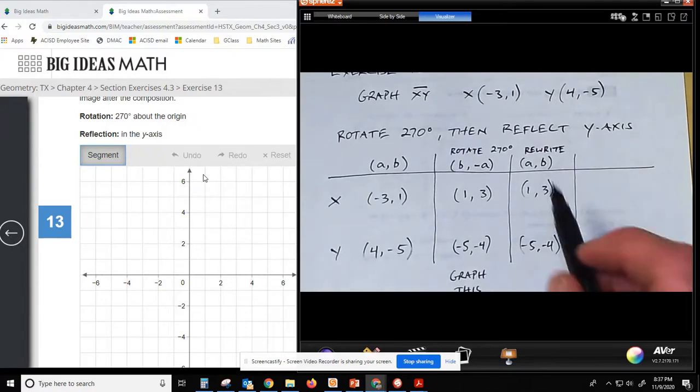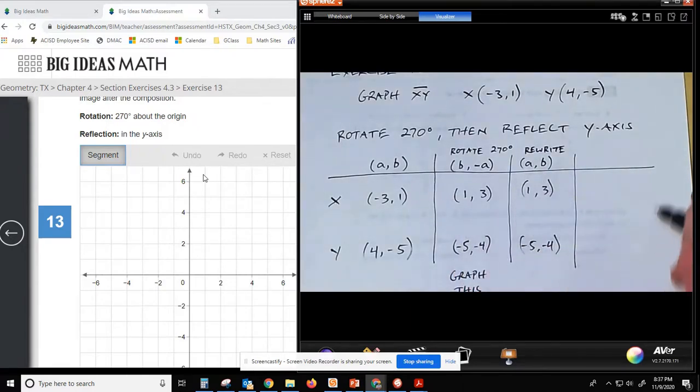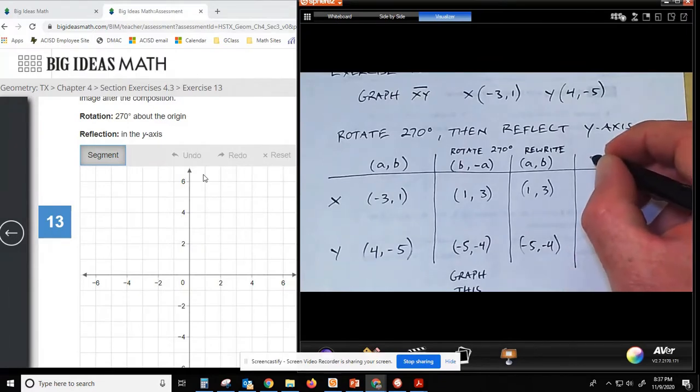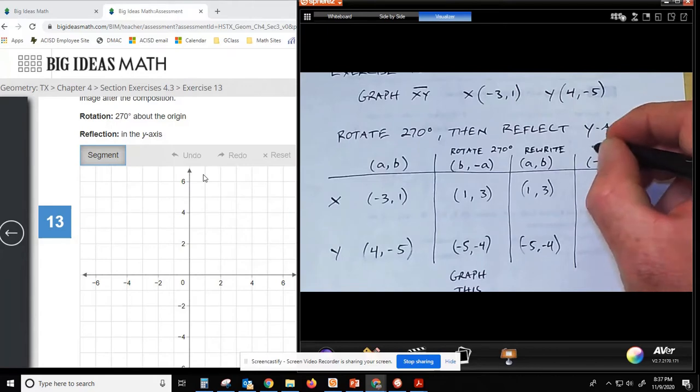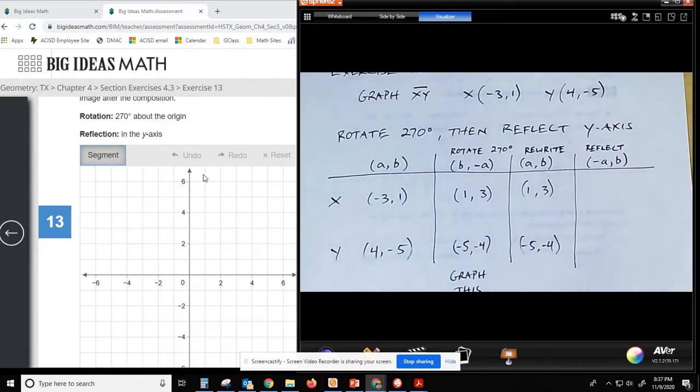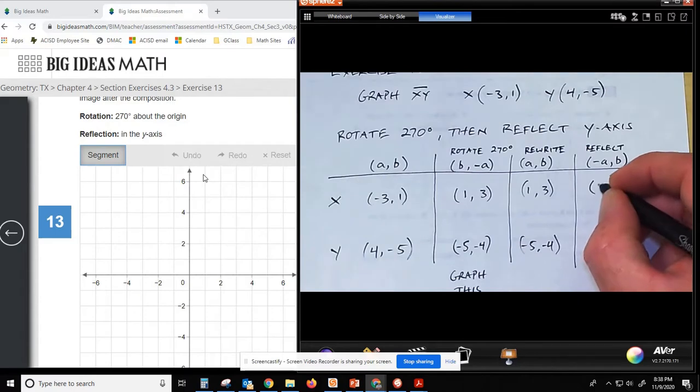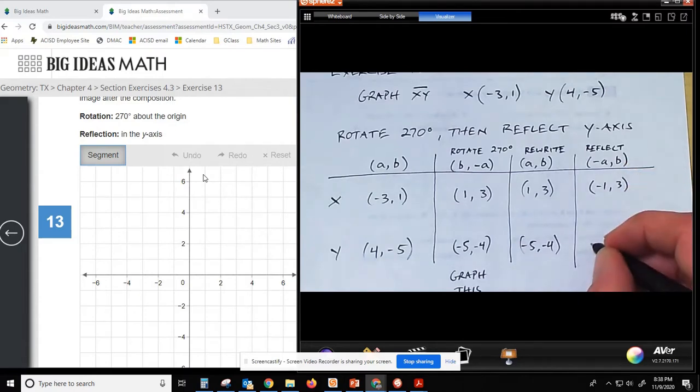You can do this slowly and methodically, and I need (-A, B) to do my reflection. So that just changes the sign of the first: (-1, 3), and from -5 to +5, (5, -4).